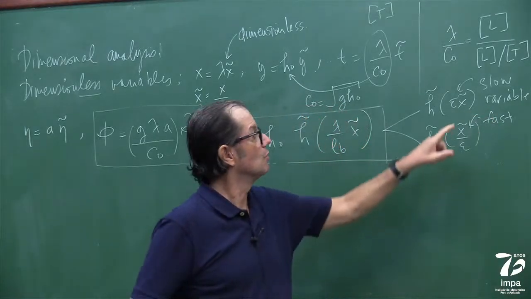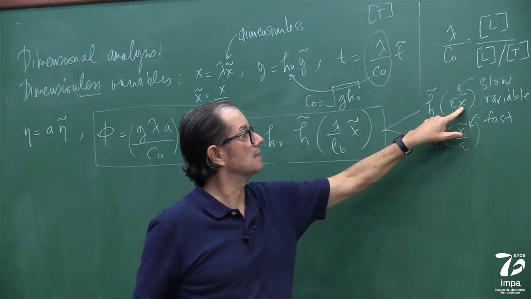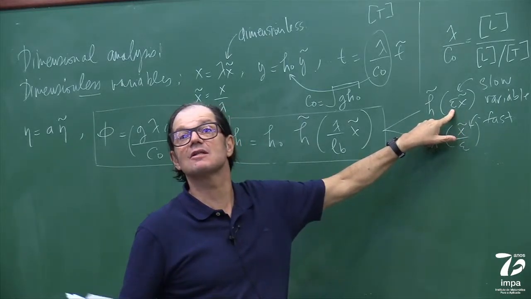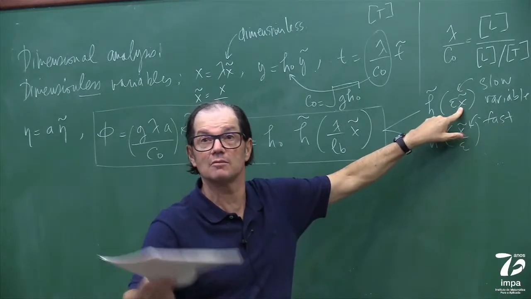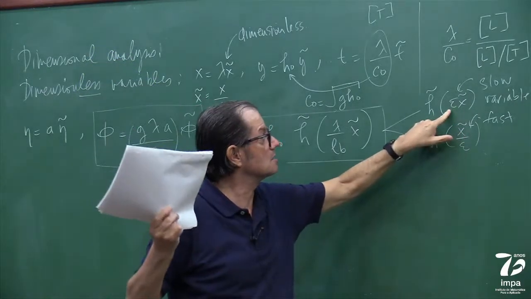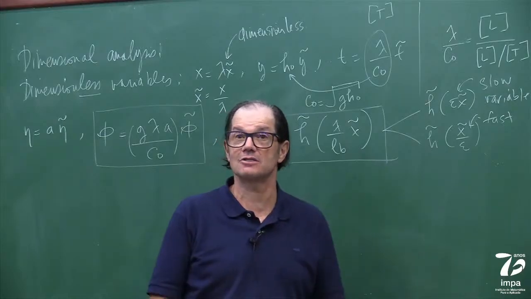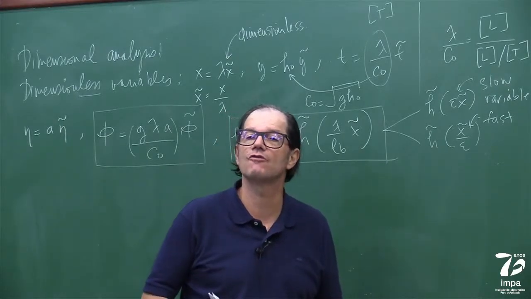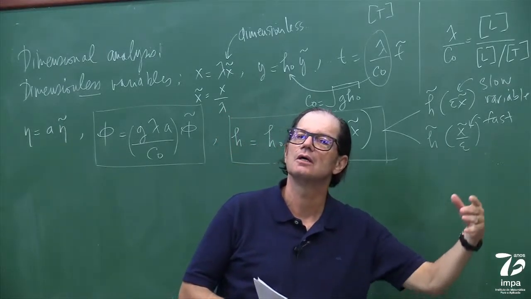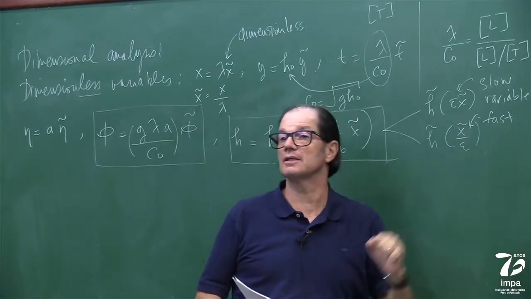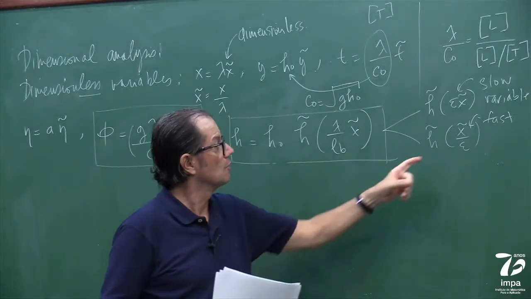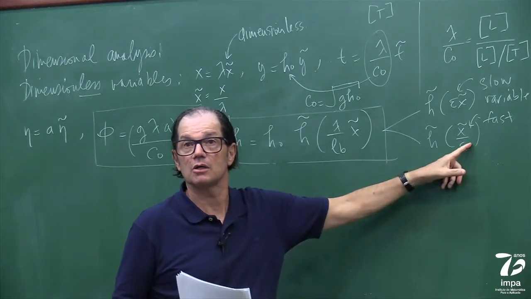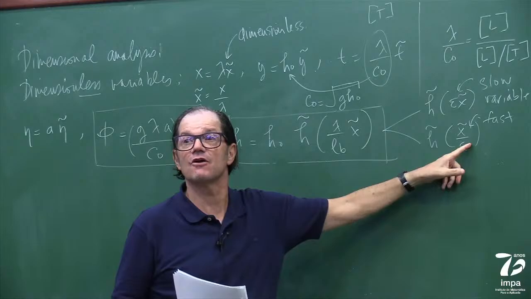Why is this slow? Let's think that epsilon is 10 to the minus 3. As x tilde goes from 0 to 1, because I've normalized it, this guy just goes from 0 to 10 to the minus 3. So it's a slow variable, something that changes very slowly, and that is sometimes useful for a problem. On the other hand, there are problems where the topography varies very fast.